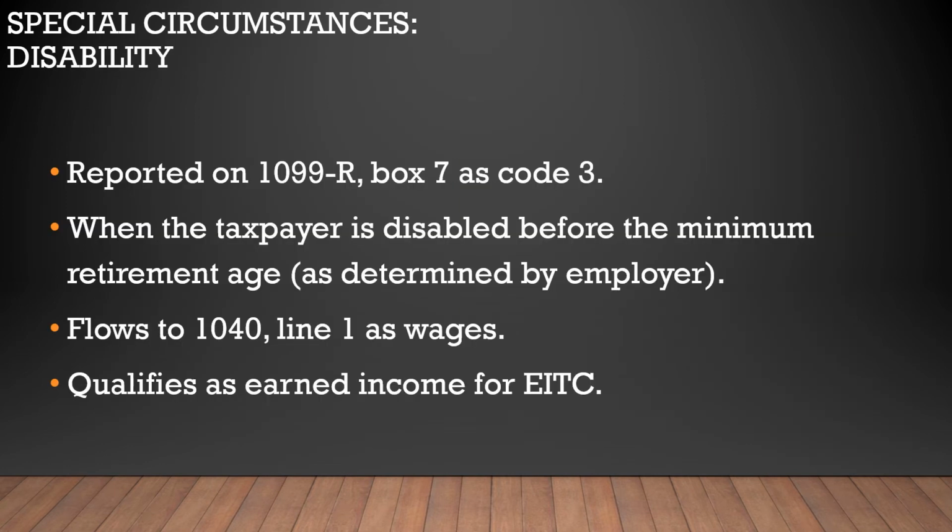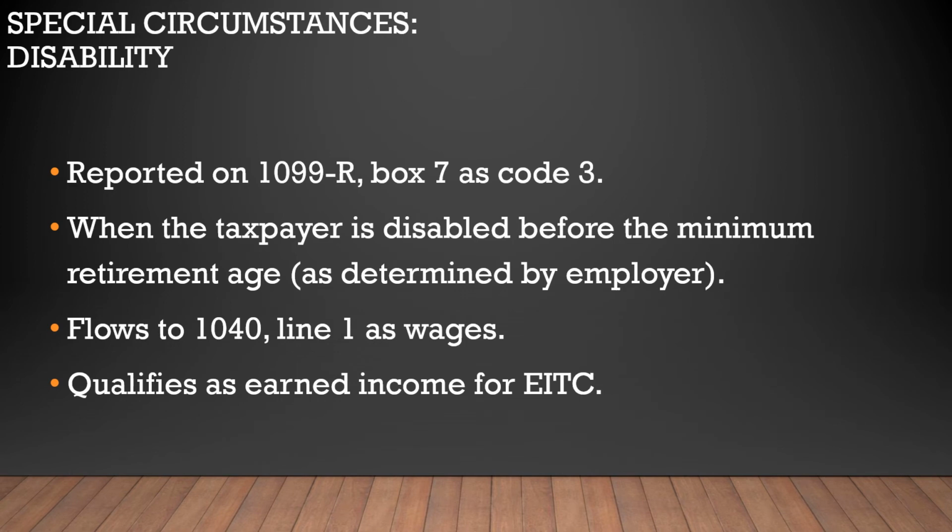And just a little bit more about that code 3 that indicates that this is a distribution to a taxpayer who is disabled. This is when the taxpayer is disabled before the minimum retirement age, and that's determined by the employer. That's what determines the retirement age for that.